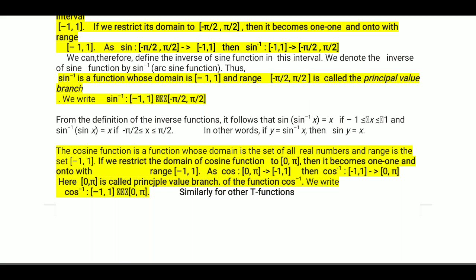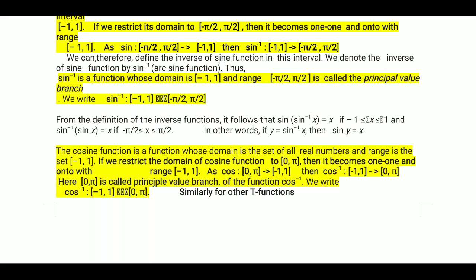The cosine function is a function whose domain is the set of real numbers and range is the closed interval -1 to 1. If we restrict the domain of the cosine function to the closed interval 0 to pi, then it becomes one-one and onto with range closed interval -1 to 1.